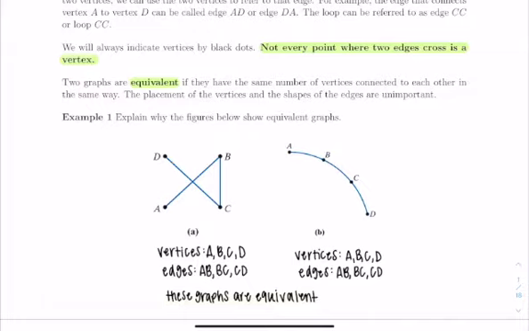So even though the graphs look completely different shape-wise, they still have the same important information that's needed.